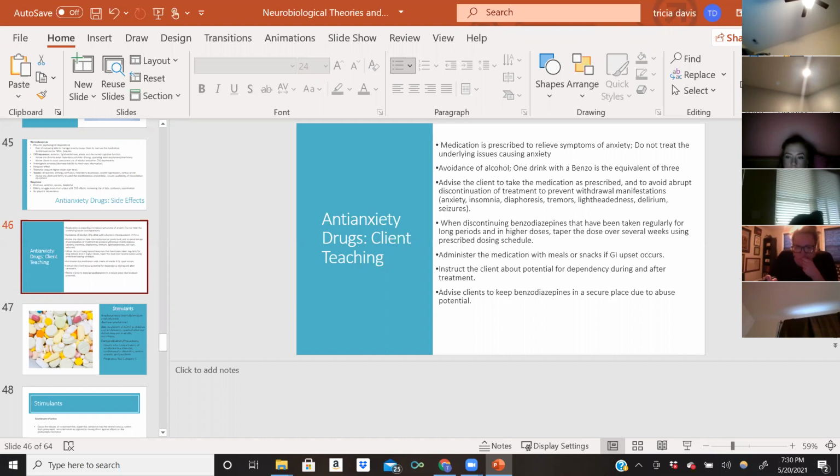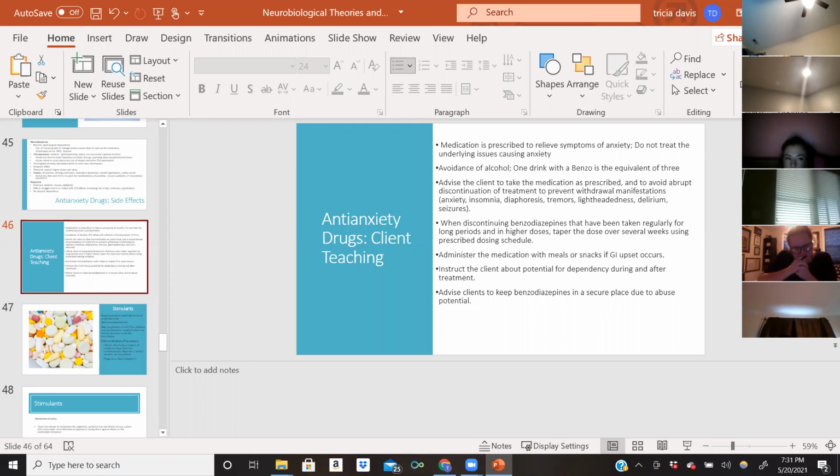That's huge. So they cannot take this medication and drink alcohol. Advise the client to take the medication as prescribed and to avoid abrupt discontinuation to prevent those withdrawal symptoms, which is going to be that anxiety, insomnia, sweating, tremors, lightheadedness, delirium, and seizures.